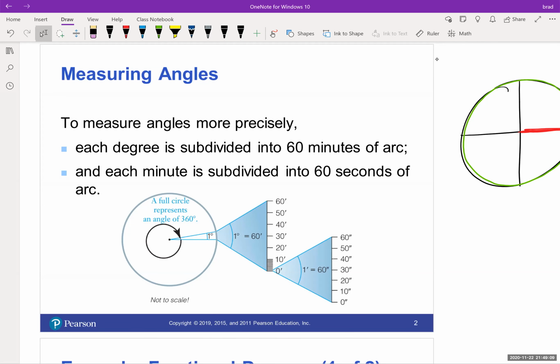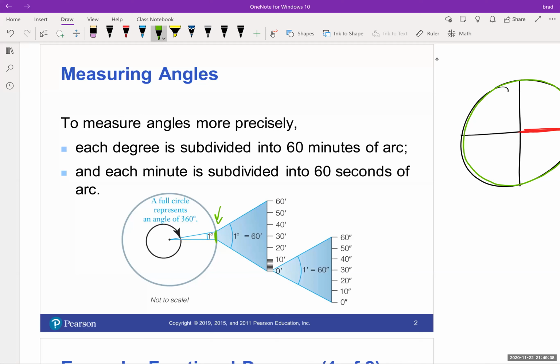It says to measure angles more precisely, each degree is subdivided into 60 minutes of arc, and each minute is subdivided into 60 seconds of arc. So we call this little distance here our arc. When you're doing trig, you worry about radian measure, which is a relationship of the arc length to the angle that would be created.